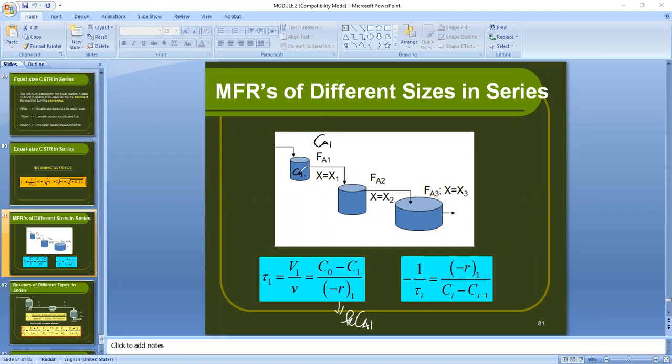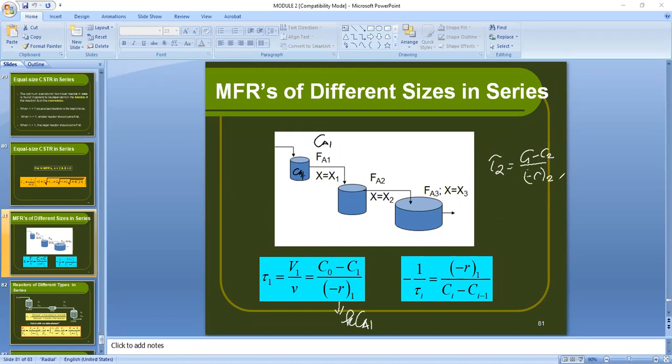But once it's already tau 2, of course I'll change this. This would now be C sub 1 minus C sub 2, because I have C sub O minus C sub 1 if it's tau 1. So it's the previous minus the final, or the initial minus the final, over rate 2.